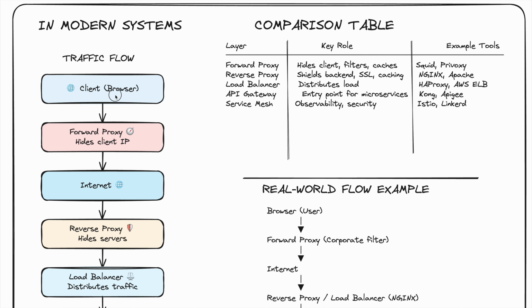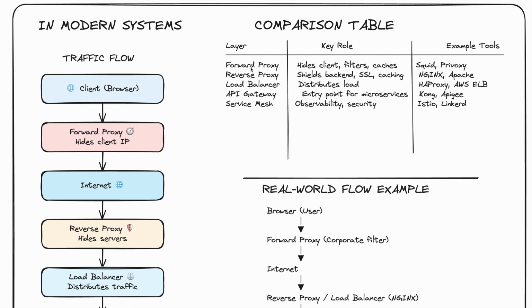The request starts from the client, from a browser. The browser sends a request, and that request usually doesn't go directly to the internet. First, we send that request to the forward proxy, or just proxy. It hides the client's IP.